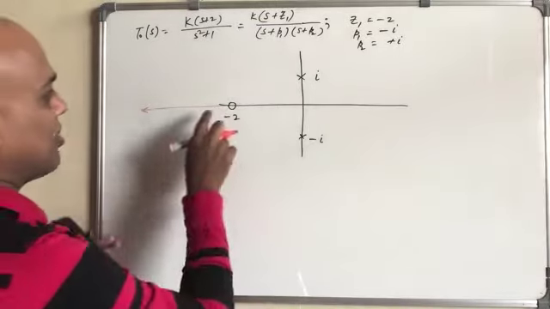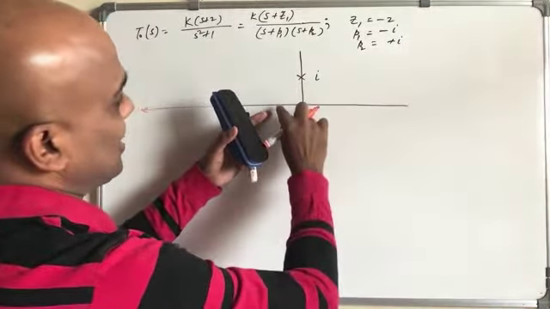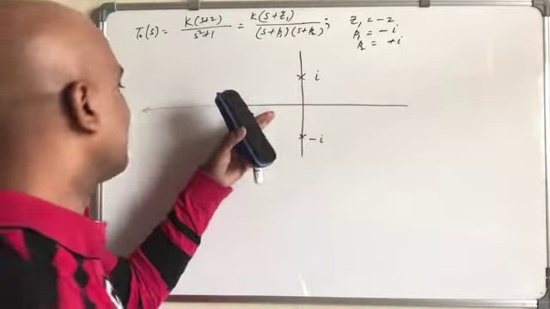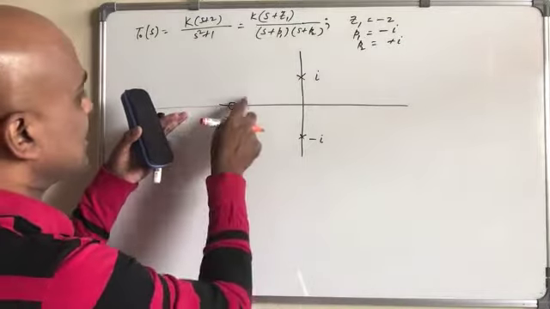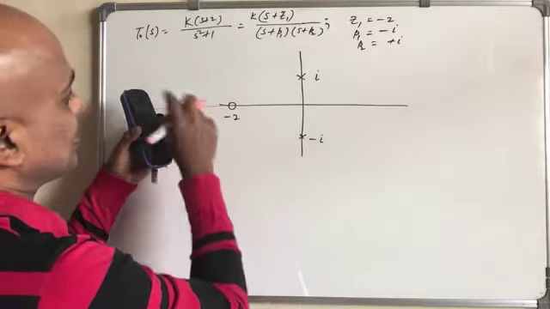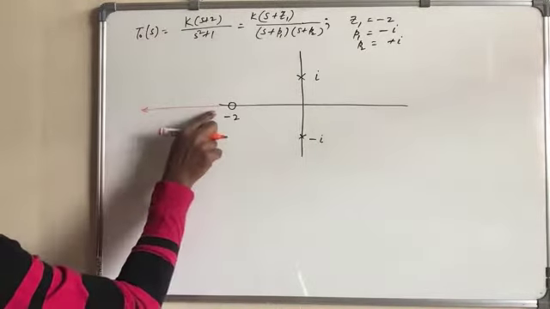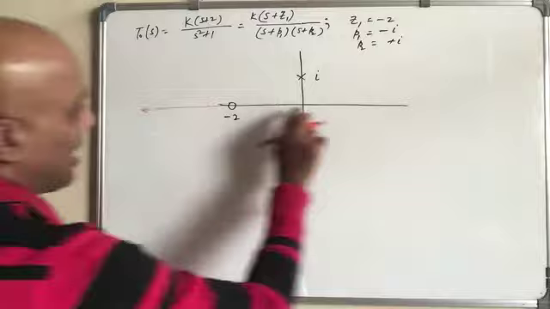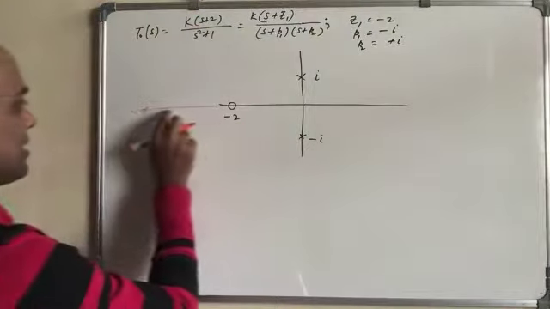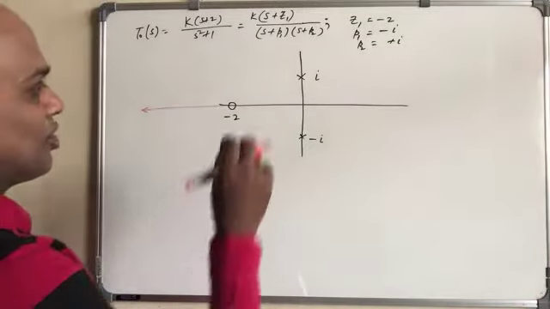Why? Because if you see, the angle from here will cancel out. From here it's 0, so it's not meeting the 180 degree requirement. But here, this is 180 degrees, and here the pole angles cancel each other, so 180 degrees. So this is correct. So we know automatically that as far as this real line is concerned, there is no root locus here, but there is a root locus here. So step 2 is done.